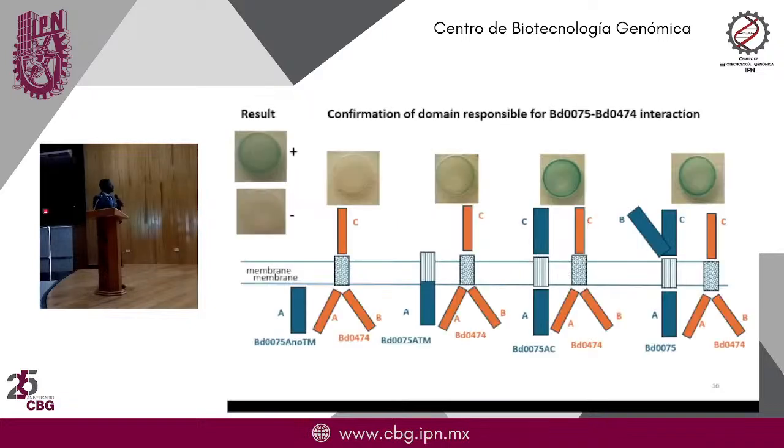Now, from our predictions using AlphaFold, we said that the C domains of 75 and the C domains of 474 were the ones in interaction. So what we did was to delete domains from 75 and from 474.